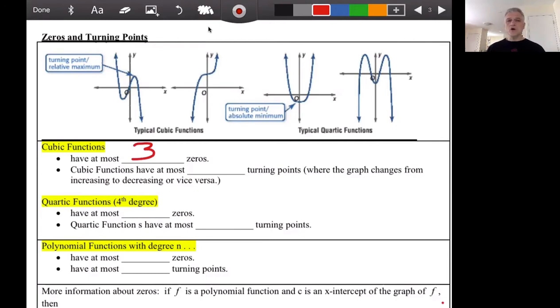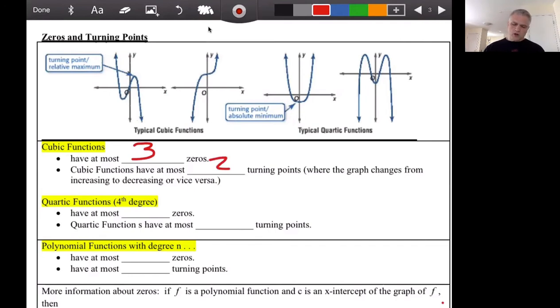All you need to know for the turning points. By the way, how many turning points does this guy have? Hopefully you can say, well, there's a max and there's a min. There are local max and min. There's 2 turning points there. This cubic function doesn't look like it has any. Cubic functions have at most 2 turning points.